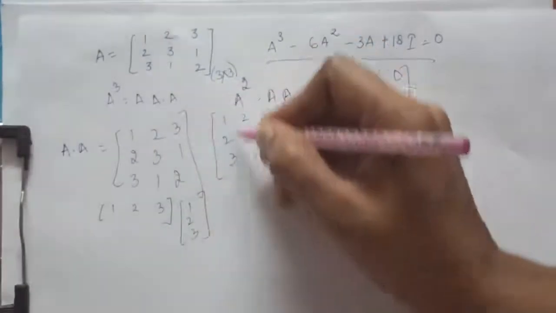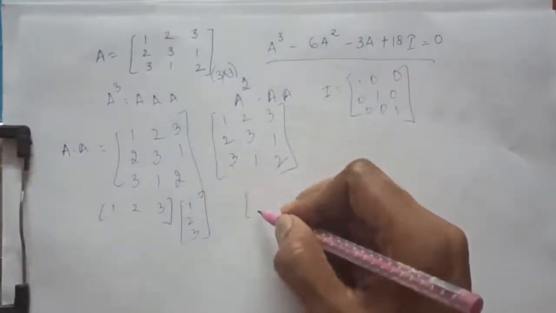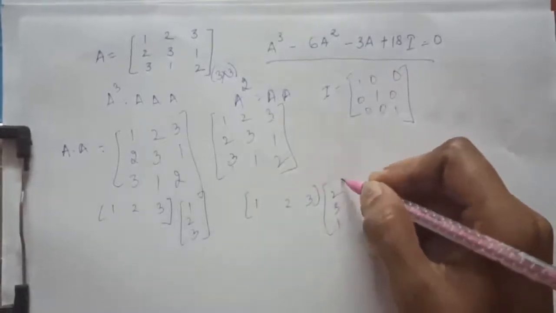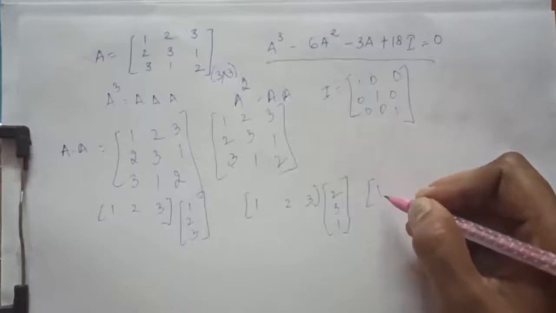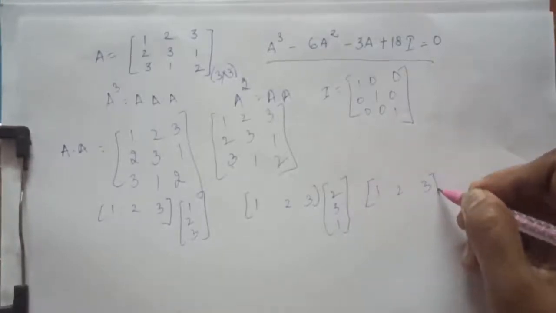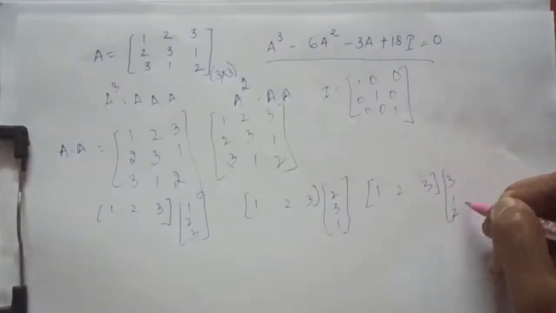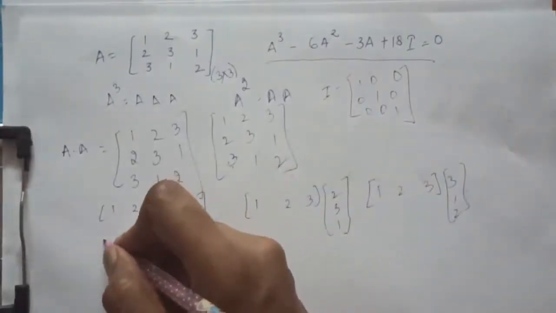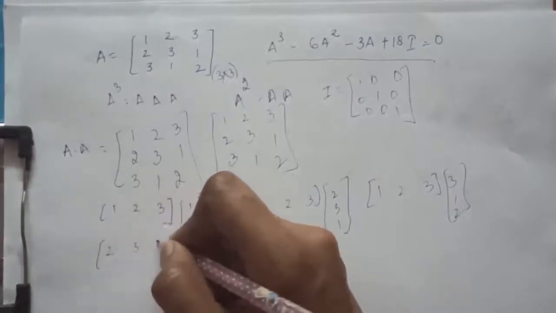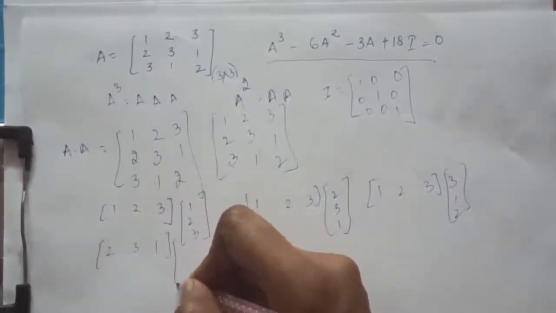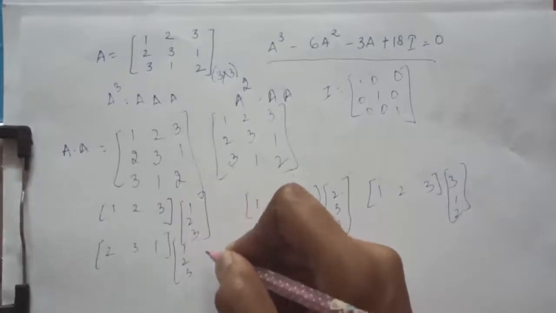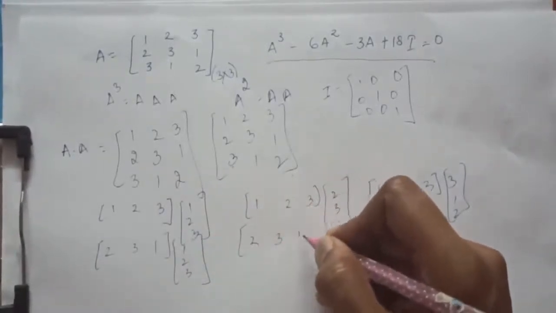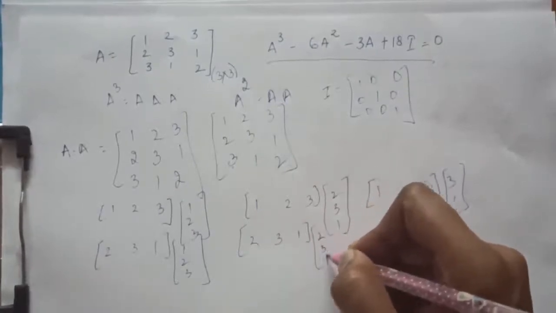First row I have written, then first column, again the first row, second column 2 3 1, same row, and the third column 3 1 2. Multiplication of the first row, then second row, here also same.